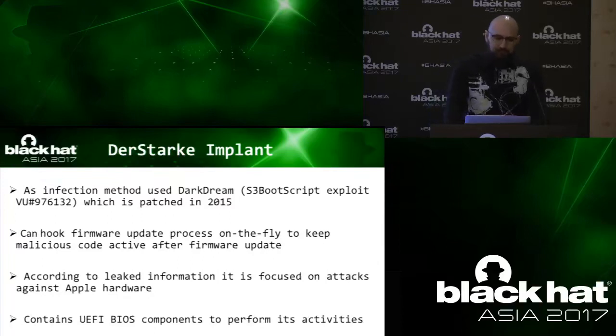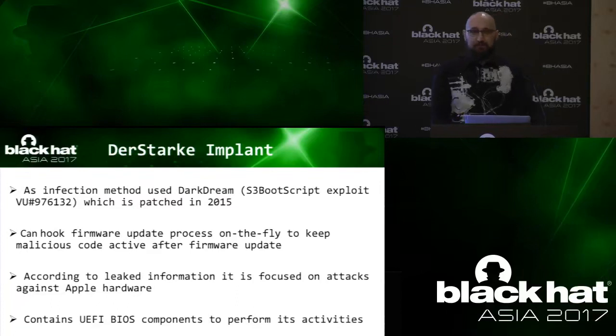We have a clue that an S3 boot script is used for the initial infection. Before, at Zero Nights, we already mentioned this specific vulnerability in our talk, that it can be used for persistent implant installation. And here is confirmation that it's already been in the wild and used for some state-sponsored things.